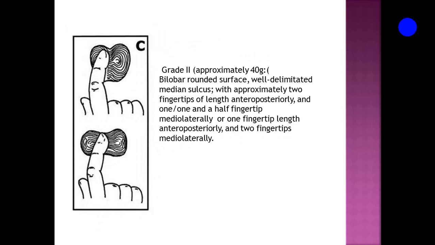In picture C, grade 2, the prostate weighs approximately 40 grams, with a bilobar rounded surface. The median sulcus is well delimited, which is a sign of the prostate getting enlarged.